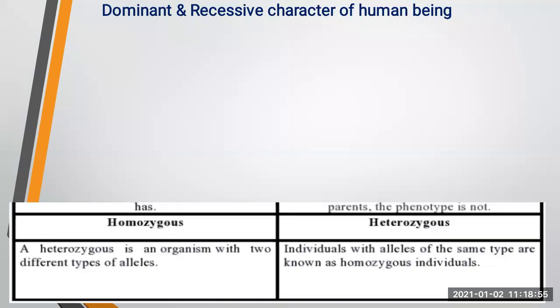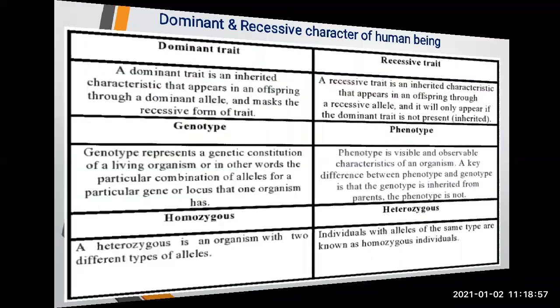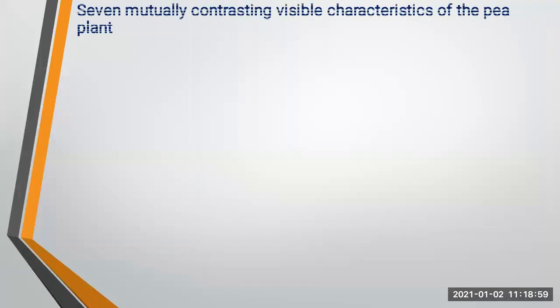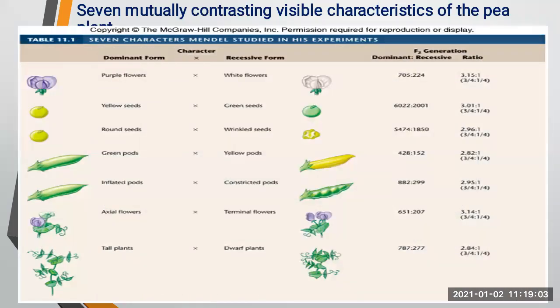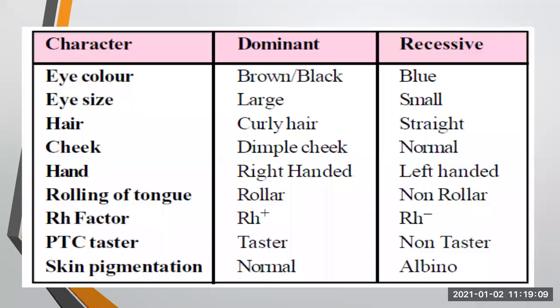So he has done many different crosses on these mutually contrasting characteristics. So we have seen all the different characteristics. Also, we have seen the dominant and recessive characters in human beings.